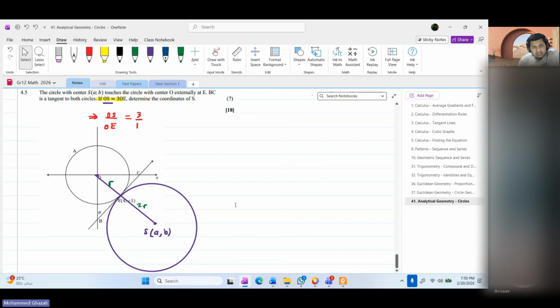What was the radius? What was R? R was equal to square root of 17, right? R was equal to the square root of 17. So we have 2R here.